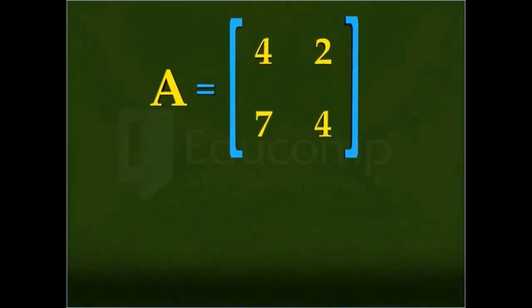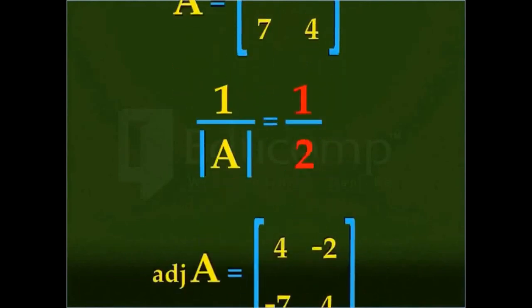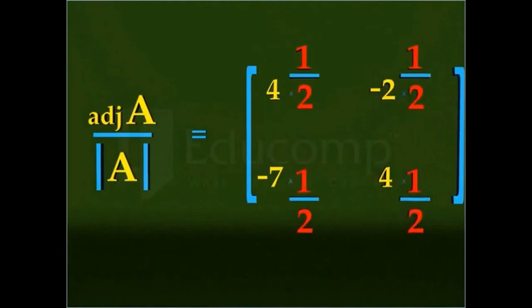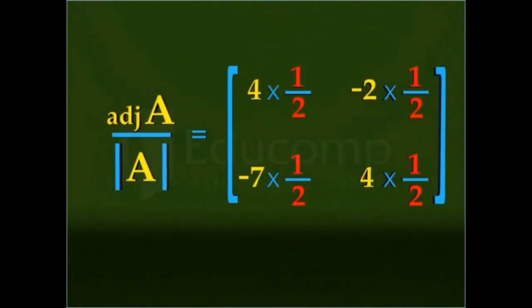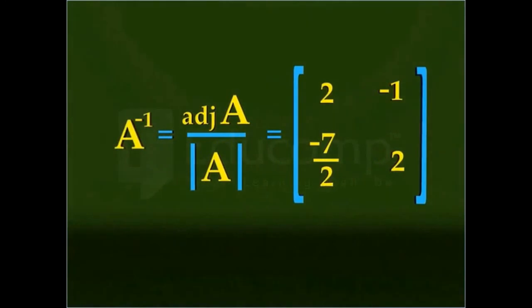Now, if we multiply the reciprocal of the determinant of A by the adjoint of A, we get the matrix A inverse.